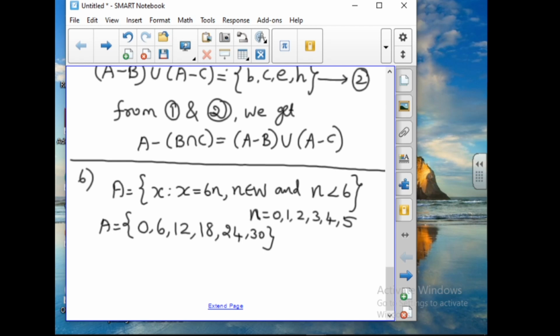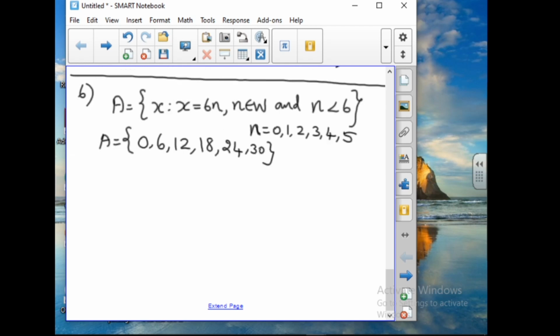Then next one, B is equal to x such that x is equal to 2n, n belongs to capital N and 2 less than n less than or equal to 9.